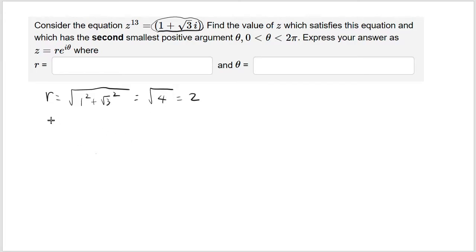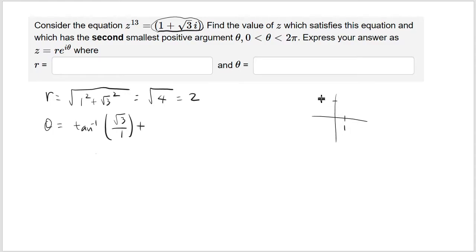That's easy. But for the angle theta, you have to use the tangent inverse of b over a, so it's radical 3 over 1. And then the quadrant is important.